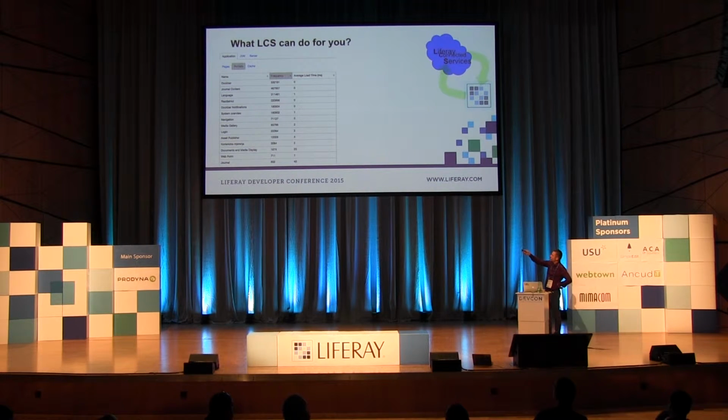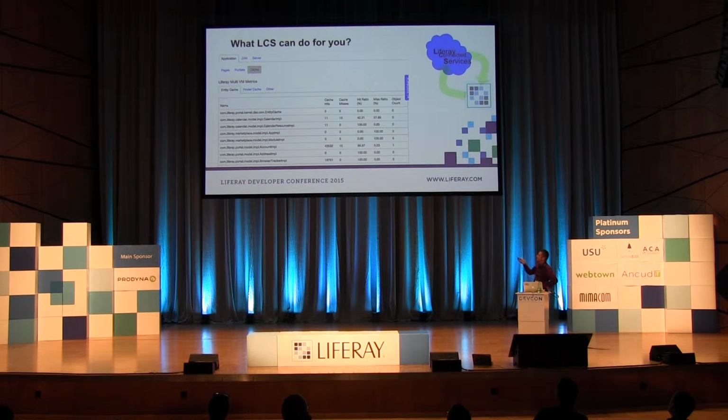Or you will have an overview of all portlets deployed on your portal instance with their load frequencies and average load times. Then for advanced users, you will be able to review your cache statistics and maybe even go and tune your multi-VM cache files depending on the results of the entity cache.